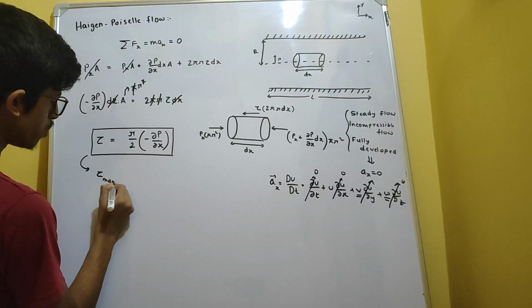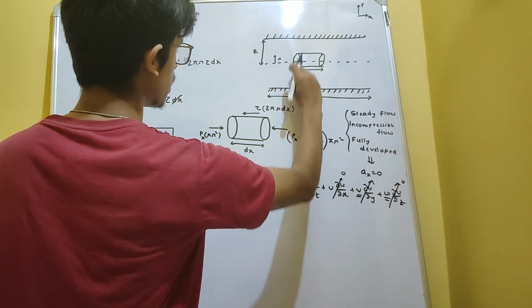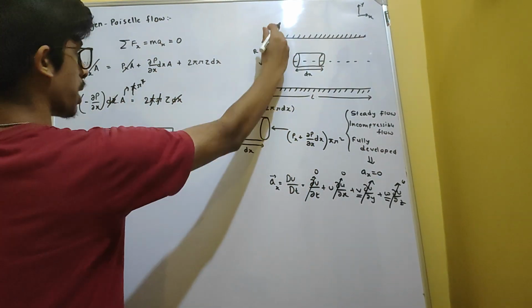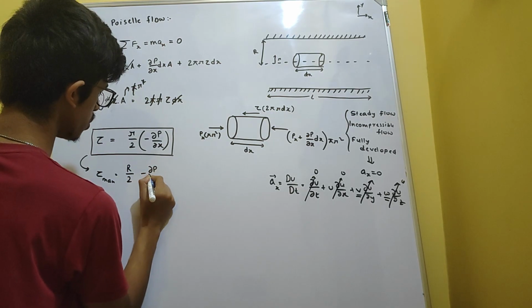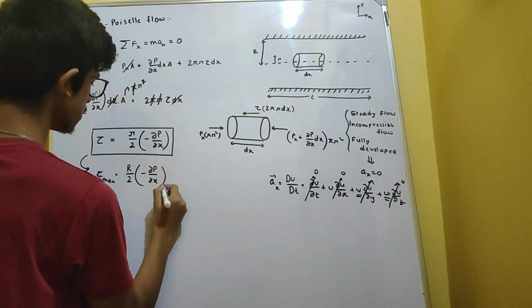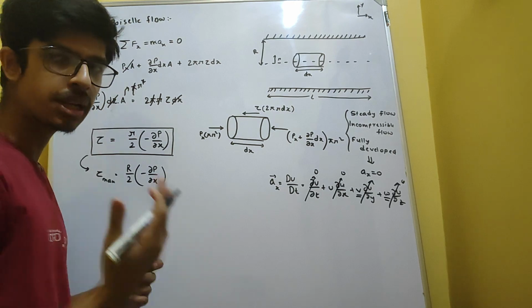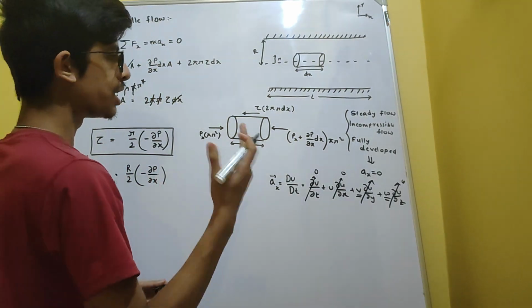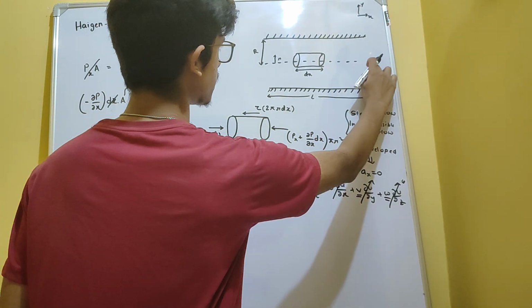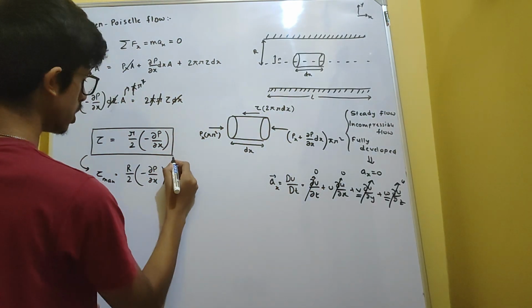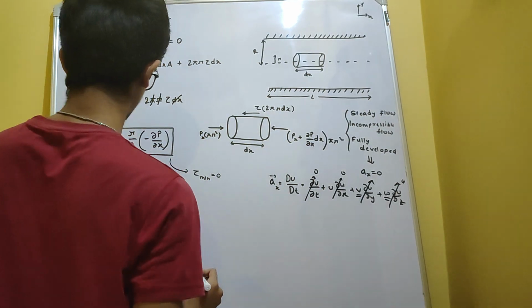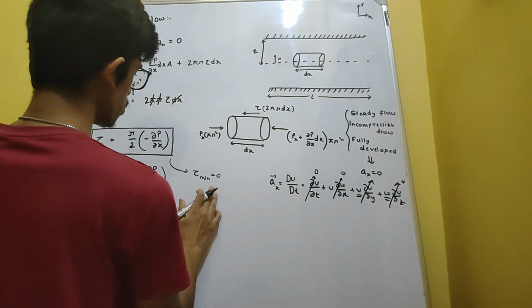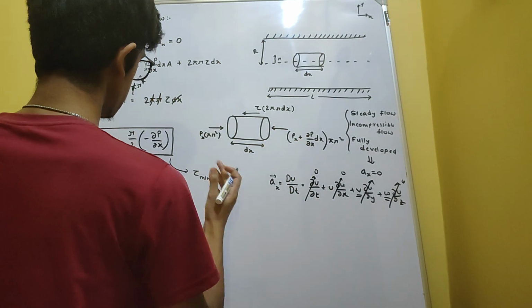The maximum value of tau will occur at the surface, at the walls, which is at a distance of capital R. So we will have R by 2 minus ∂p/∂x. This is the maximum value of shear stress. The minimum value of shear stress will occur at the center line where r is 0. So the minimum value of shear stress will be 0, that is where r equals 0. So these are the upper and lower limits of the shear stress.